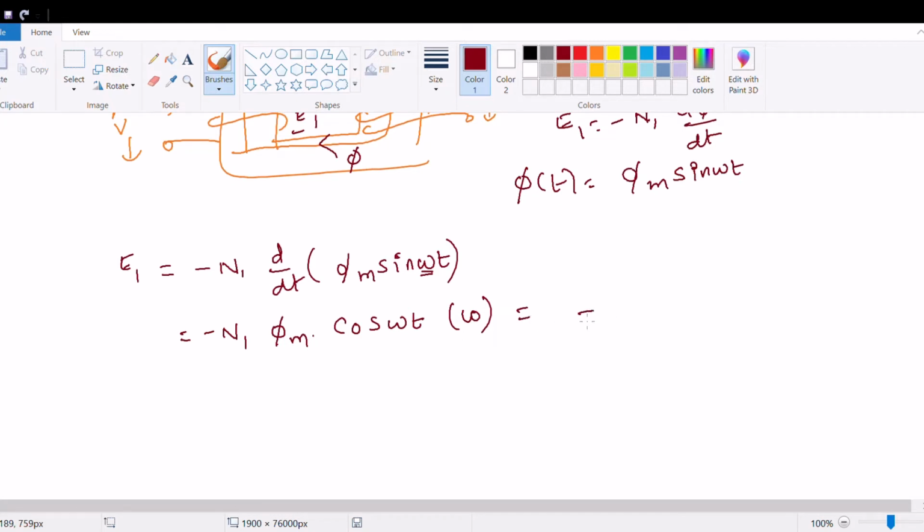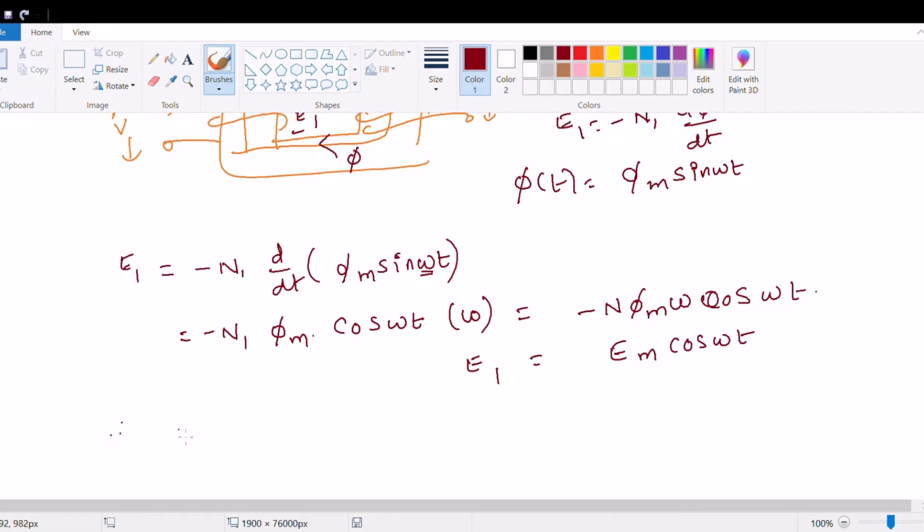So we get N phi m frequency, and it is cos omega t. So therefore E1 is in the form of Em cos omega t.